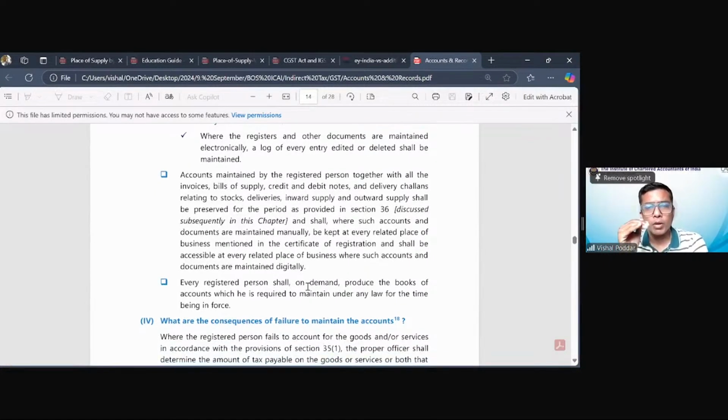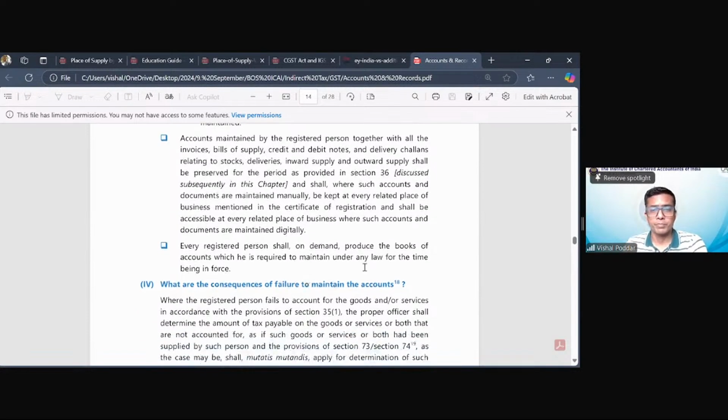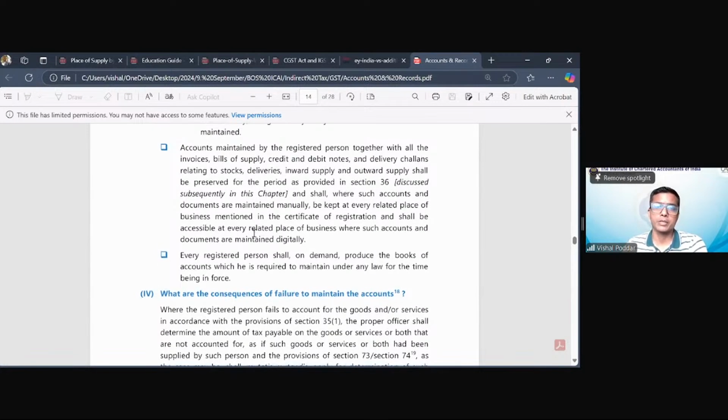So if you are maintaining physical copies, they should be at the principal place and every place of business. And if it is digital, then wherever you are, if an officer comes for checking in that premises, you should have the facility of giving him access from those premises. That is what is required. Every registered person shall on demand produce the books of accounts which he is required to maintain under law for the time being in force.